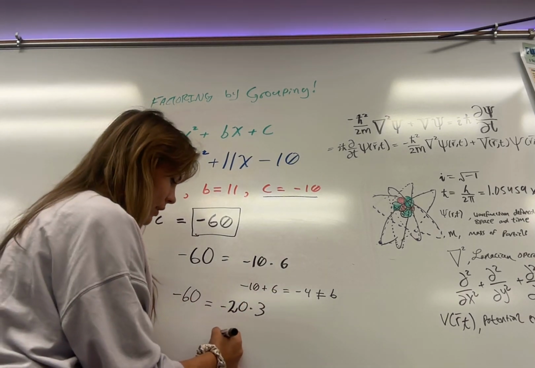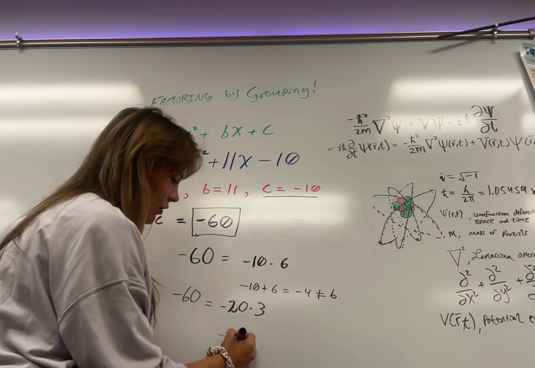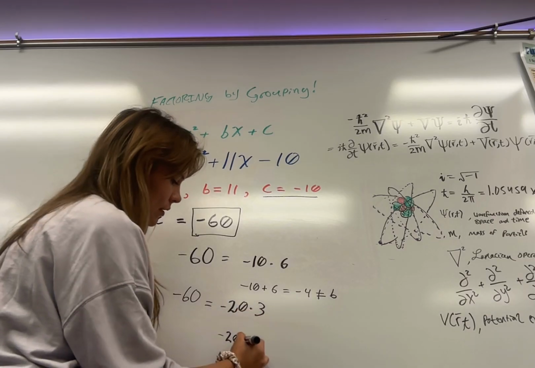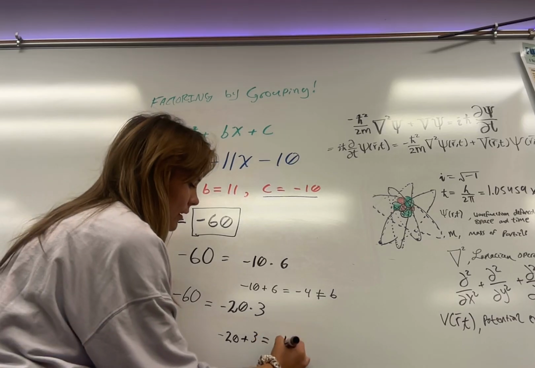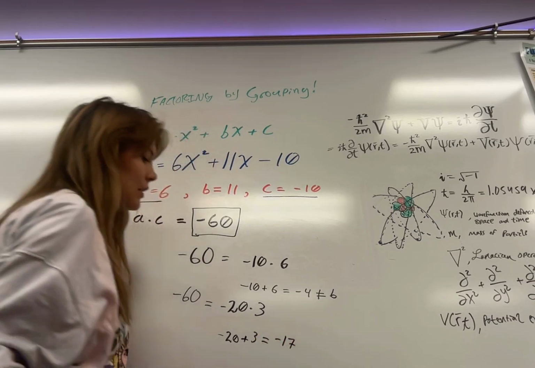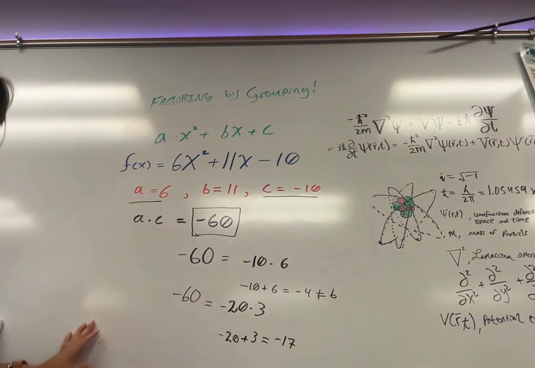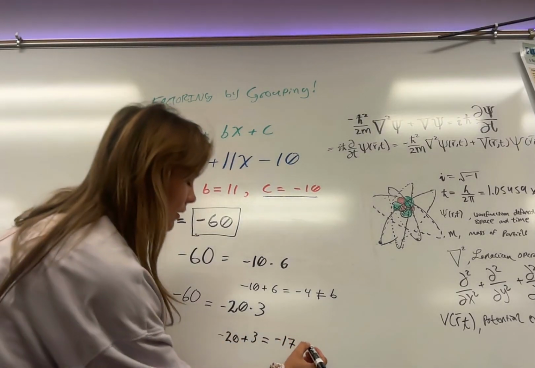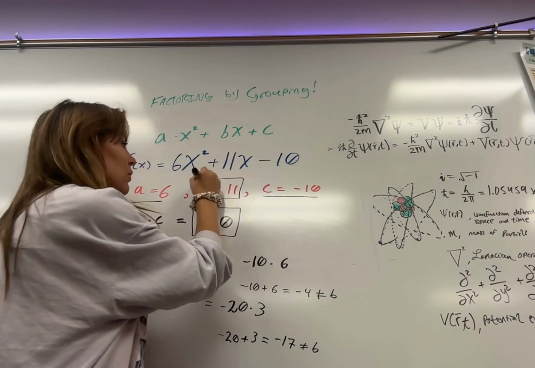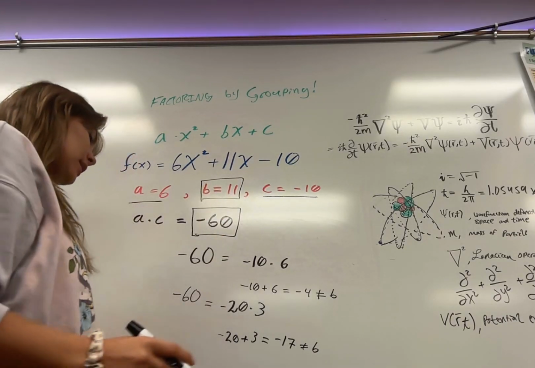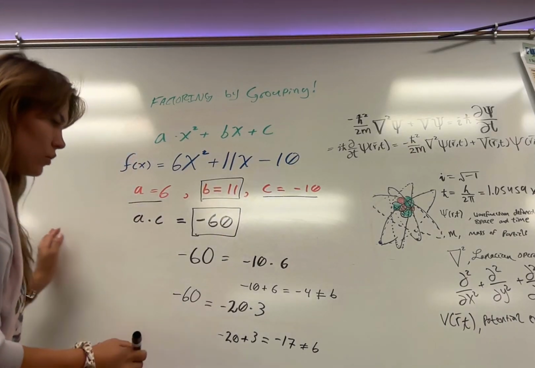Unfortunately, this as well, if we were to add these two factors, negative 20 plus 3 is equal to negative 17. Shoot, still not equal to b. Remember, b in this case is equal to 11. We were looking for factors that add to 11. All right, let's try another one.